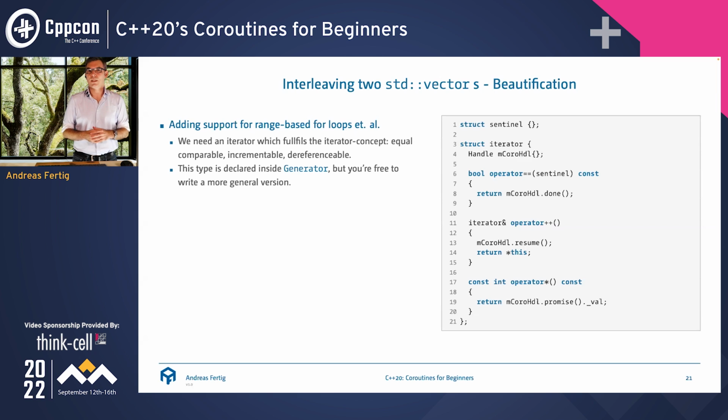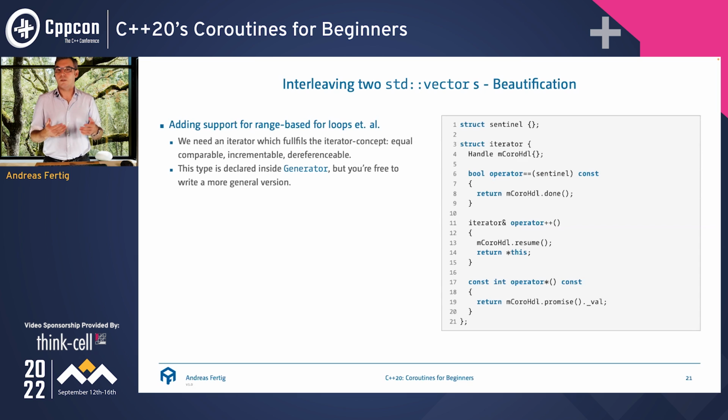And then in line number 6, I'm implementing the equal operator, which takes a sentinel. It takes a sentinel because essentially it only checks whether the coroutine itself is already done, so it doesn't need the right-hand side object. Then in line number 11, I implement the ++ operation, which returns a reference to the iterator.